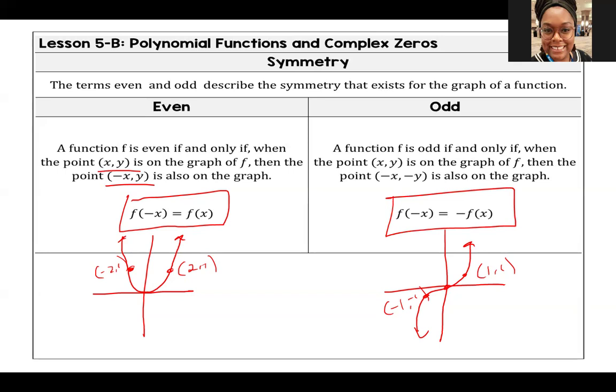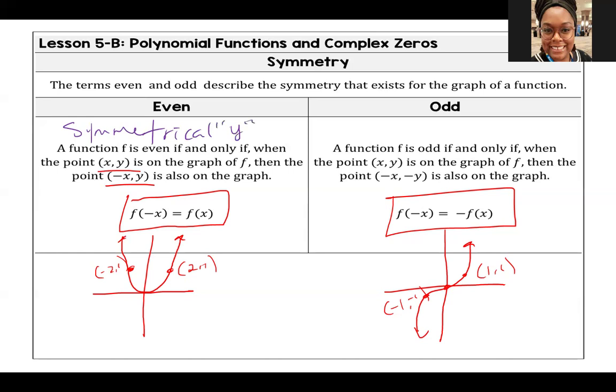So again, in Algebra 2, we focus on visually proving odd and even symmetry. And now we're focused on algebraic, okay? Another key thing for even functions, just remember that they're going to be symmetrical with the y-axis.